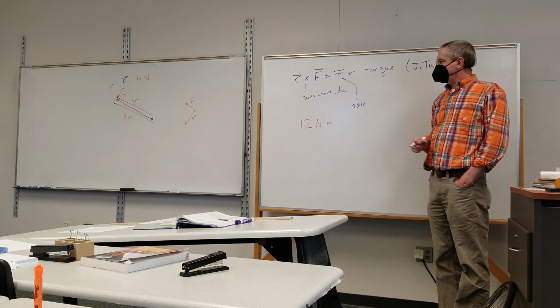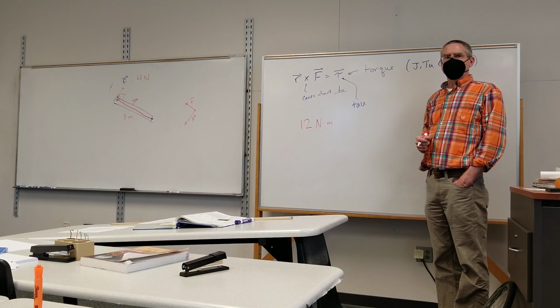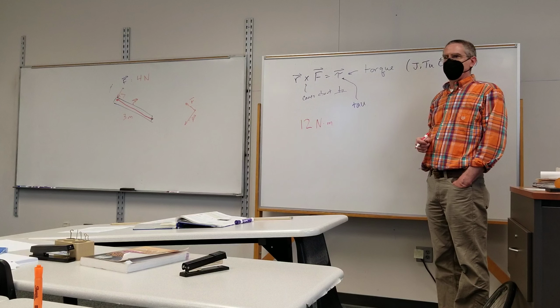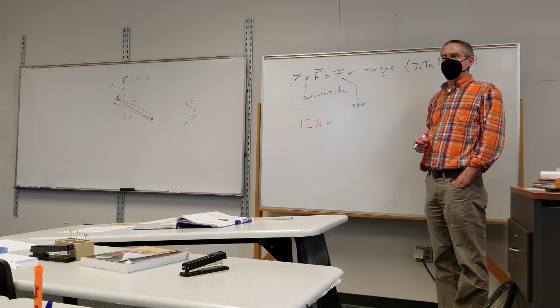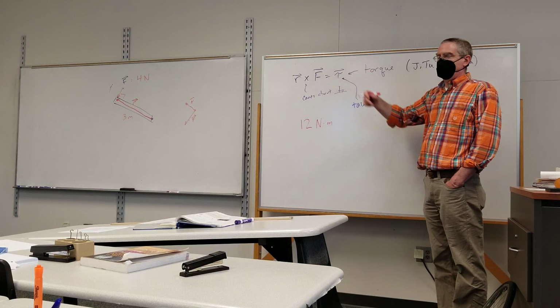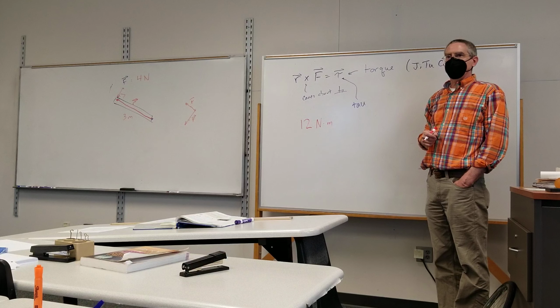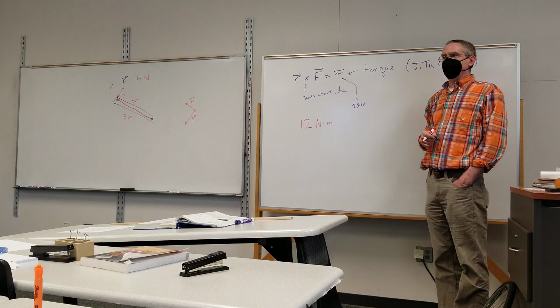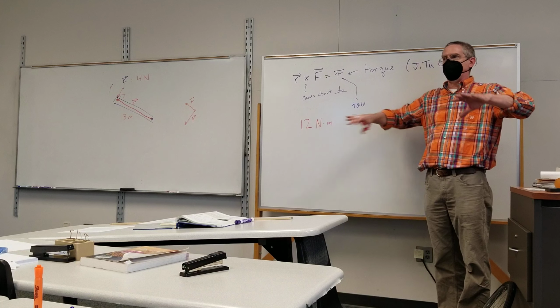What about the direction? How do I indicate the direction? The direction of the door closing? Or the torque that's being applied. Okay. First off, what is the direction, just without worrying about this part?